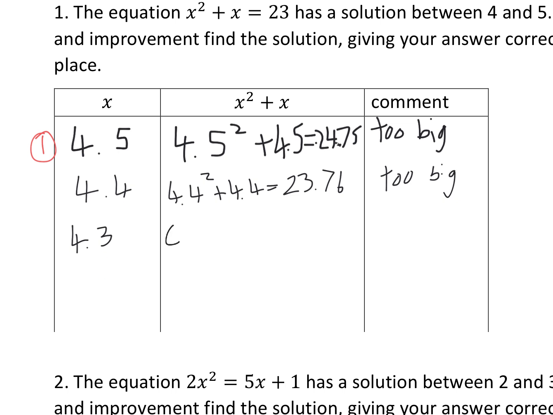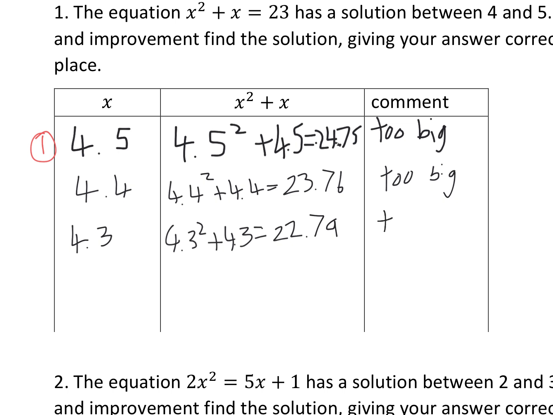And if you do 4.3 squared plus 4.3, that gives you 22.79. Don't worry too much about rounding and things like that. Just as long as you can tell from these numbers, are they bigger or smaller than 23, that's really enough.